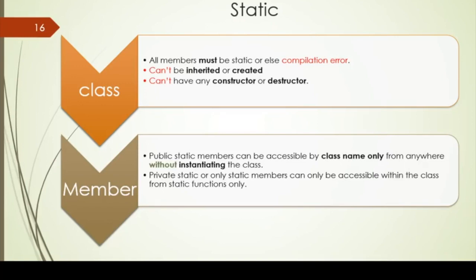It's a very important concept. We're going to go very deep into it. And if you have a private static member or only static member inside a class, then you can only access it from the static members only.